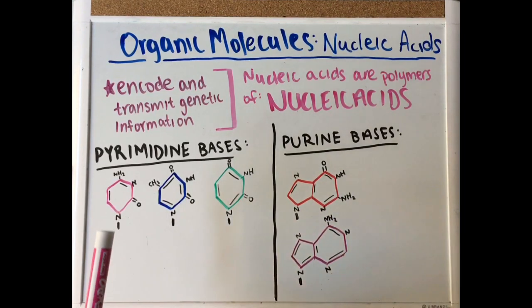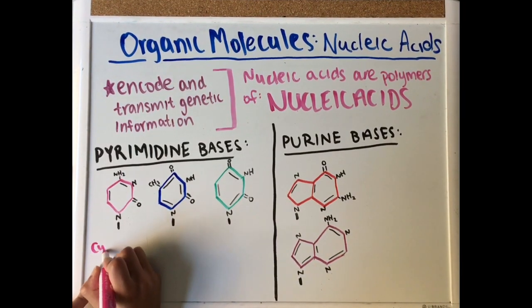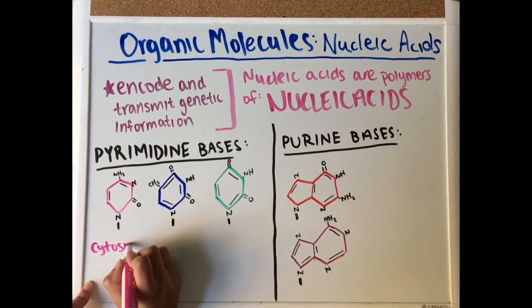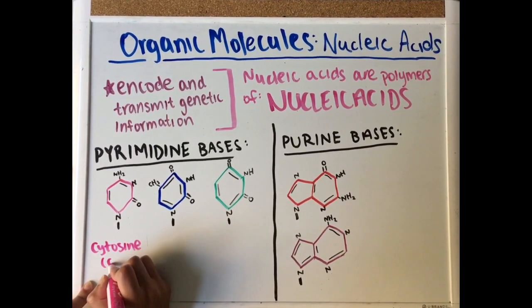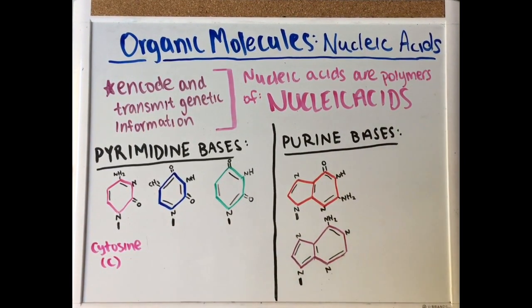So first, with the pyrimidine bases, they have a single ring, like all three of these, and there's three different kinds. So the first one is the cytosine. This is the C.